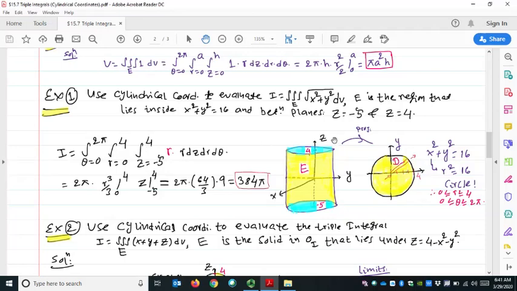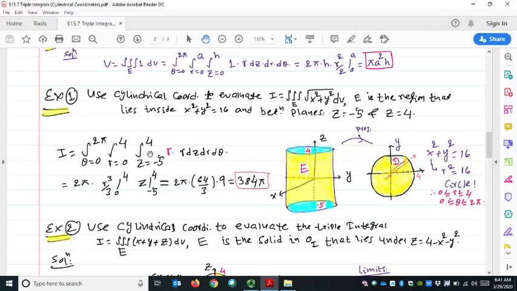Let's visualize the surface first. This is the cylinder x squared plus y squared equals 16, and the bounding planes are z equals -5, which is at the bottom, and z equals 4 at the top. So obviously our z lower bound is -5 and upper bound is 4.